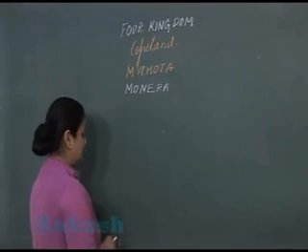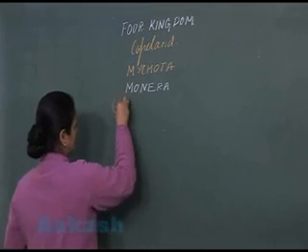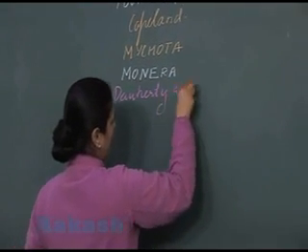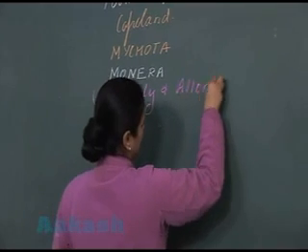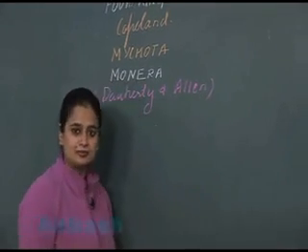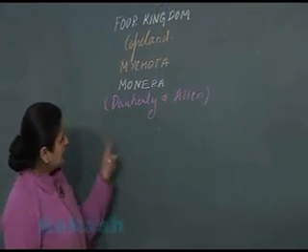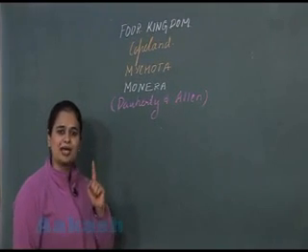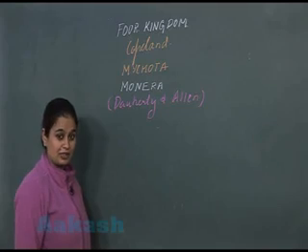It was given by two scientists, that is Doherty and Allen. Now the kingdom Monera is booked for only prokaryotic organisms.